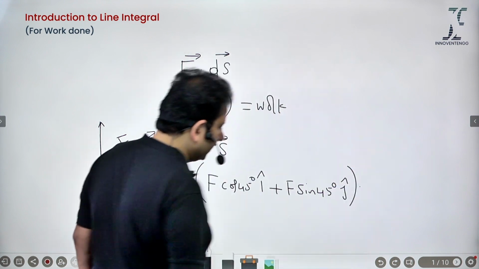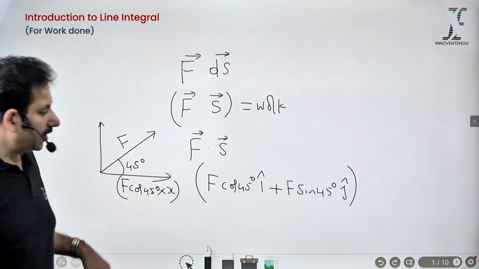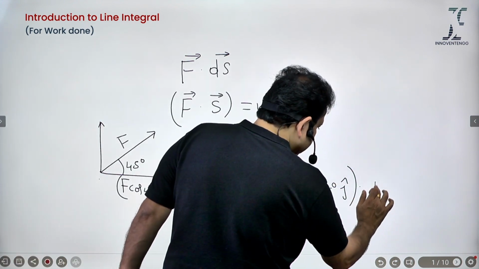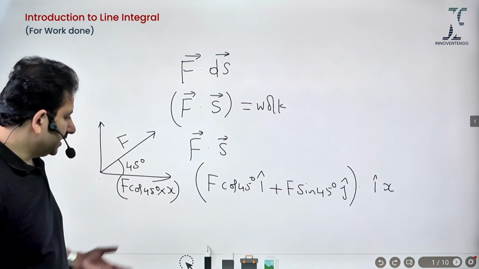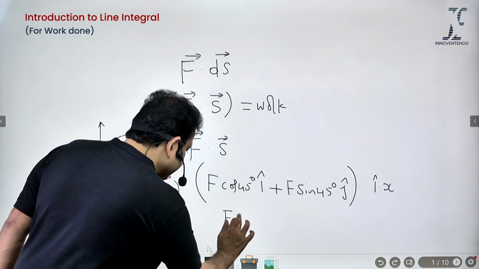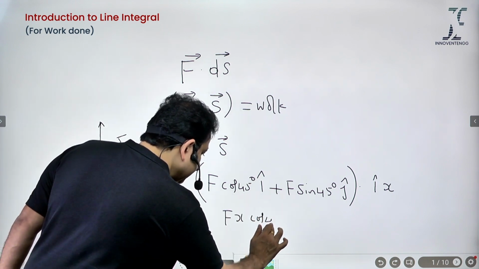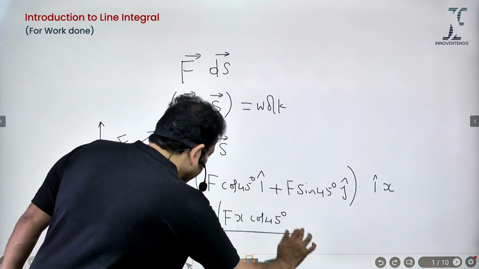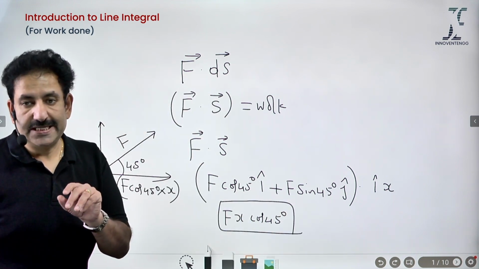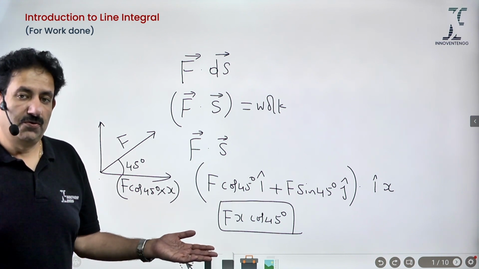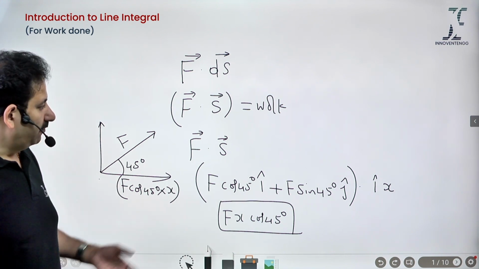When this is dotted with the displacement which is purely along the x-axis, that is i times x, I will simply get F x cos 45 degrees. So unless along the direction of displacement there is a force, you are doing no work whatsoever. That is the whole philosophy.